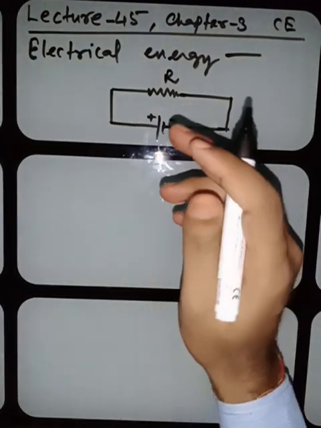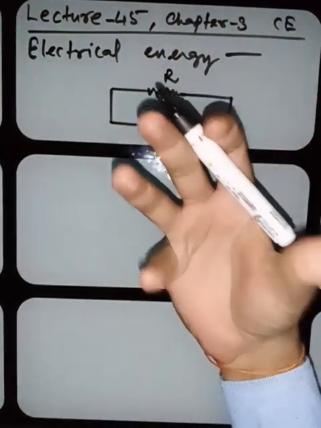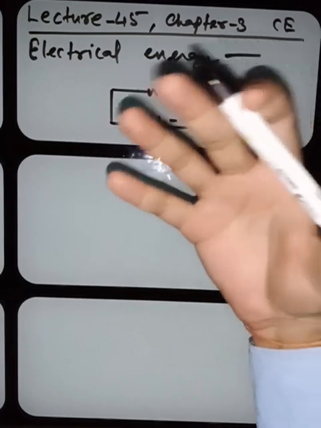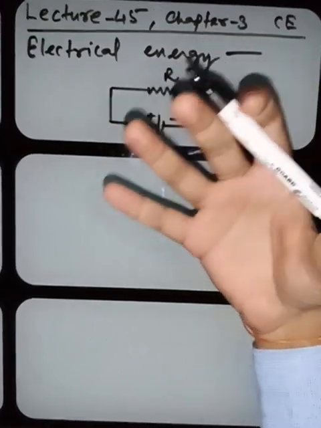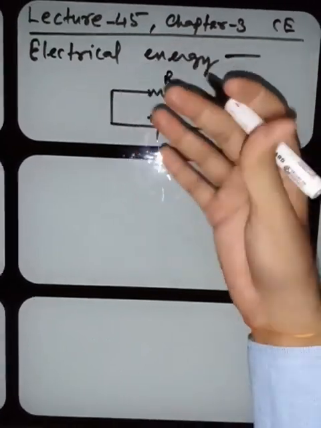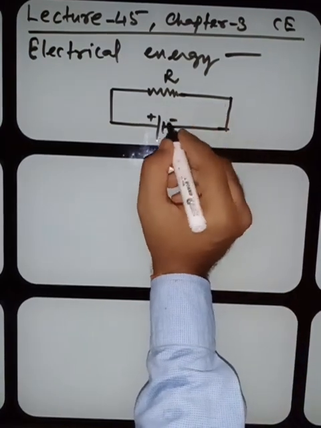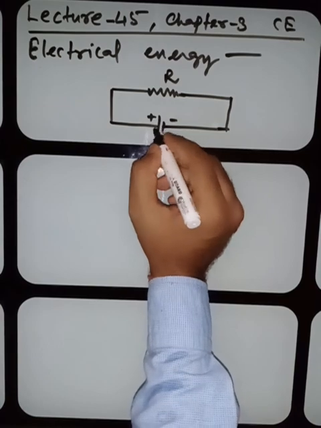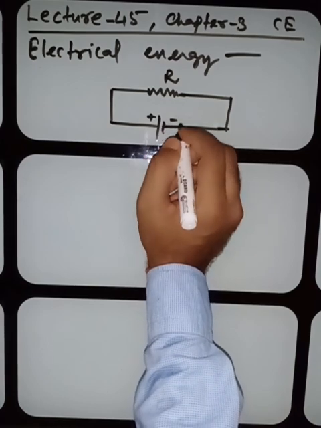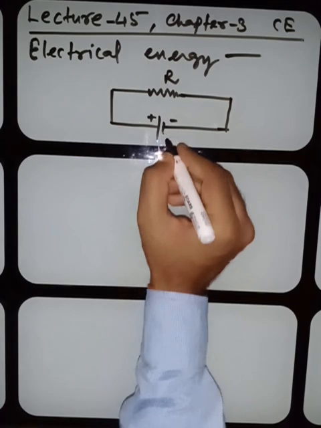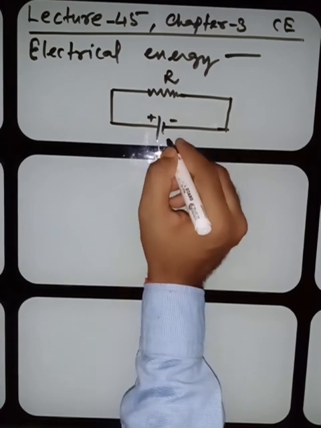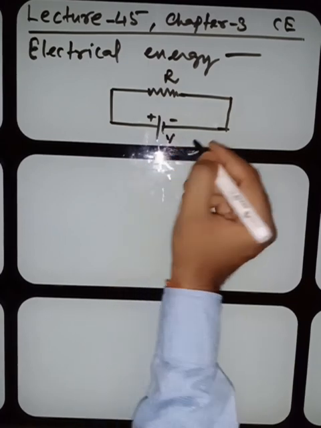To study the energy or the work, we know from the electrostatics chapter what work is done by this battery. Actually, this battery moves the charge, and that charge does some work at some potential. If the potential of this battery is V, then what will be the potential at this point?